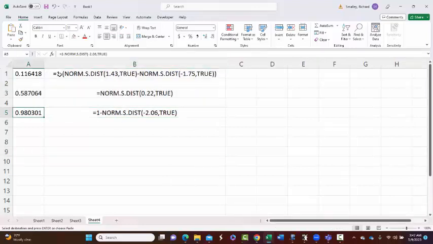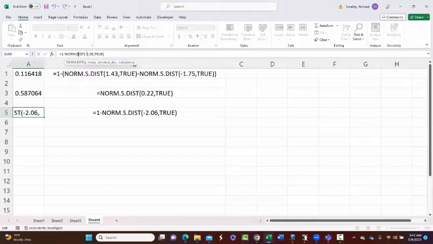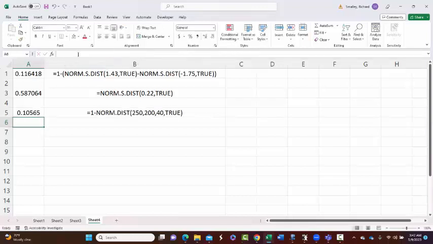Except now I'm going to change the command to NORM.DIST. And it's telling me across the top that it wants the x value, the mean, the standard deviation, and cumulative, meaning true. So the x is 250. The mean is 200. 40 is the standard deviation, and there's true.